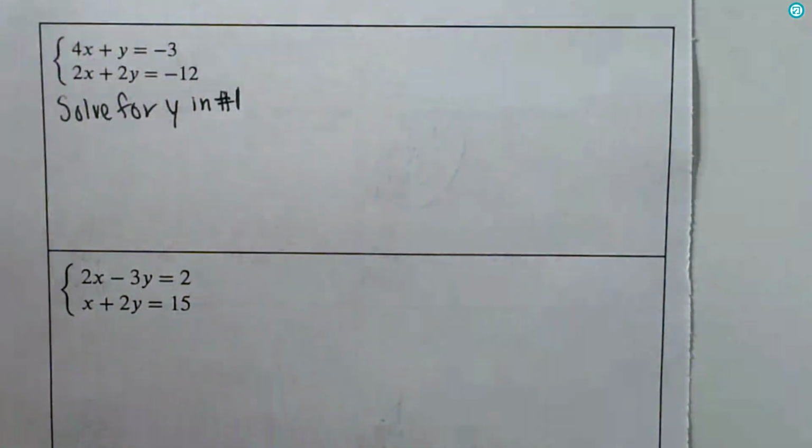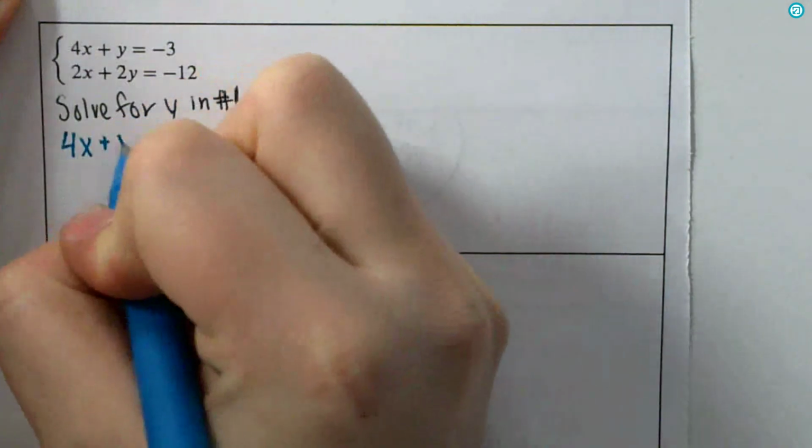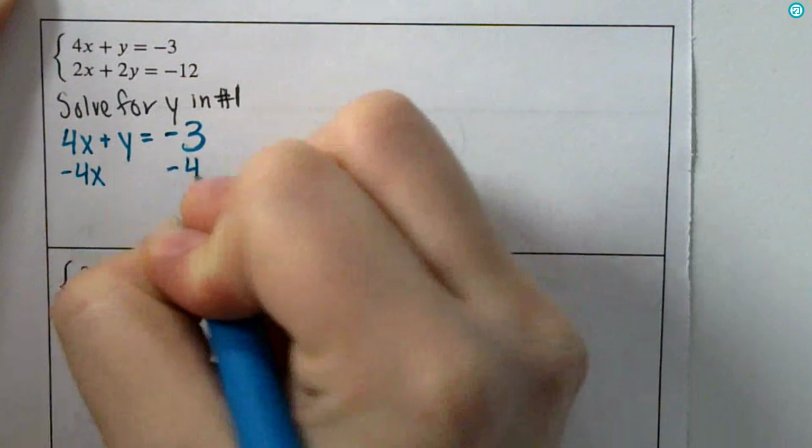Because as we take notes, we always have steps of what we're doing, but now we need to know why we're doing that and what specifically. So I'm going to take my first equation, I'm going to rewrite it. 4x plus y equals -3. And I'm going to work on solving for y, which means I need to get rid of that 4x. I'm going to subtract 4x from both sides. So minus 4x minus 4x.